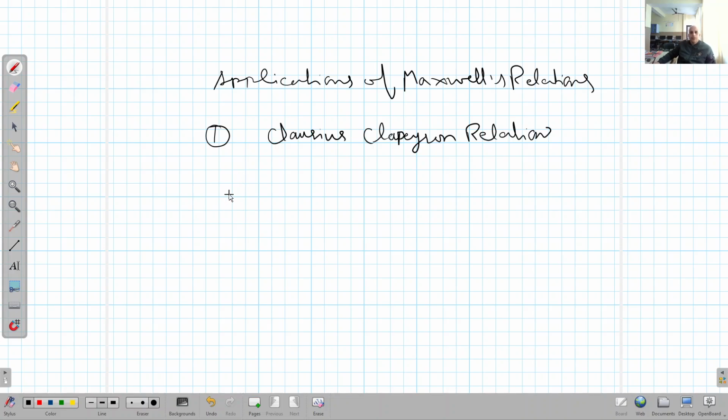This is the first application of Maxwell relations. When we derive this Clausius-Clapeyron relation, we will see what is the significance of this relation. So first of all, we will derive this relation by using Maxwell's second relation.